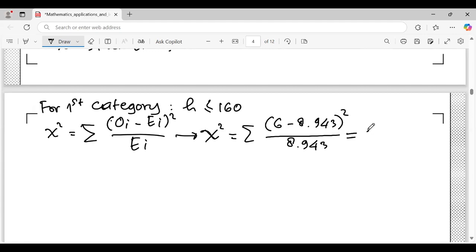And if you calculate, the result is 0.96849, rounded off 0.9685.